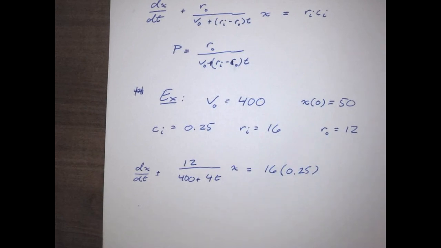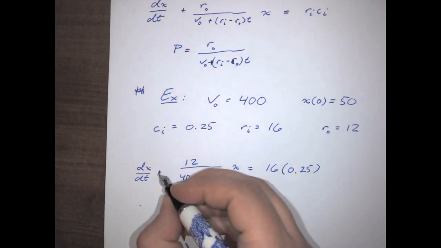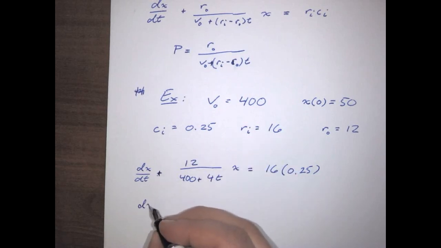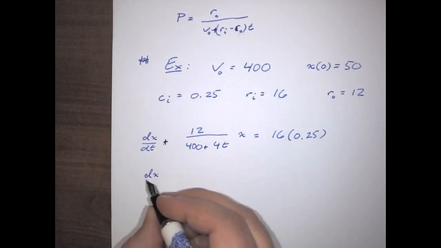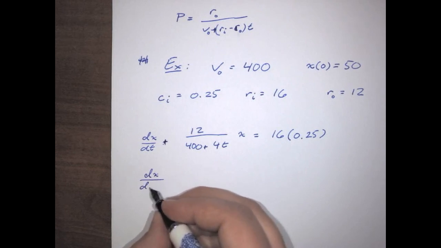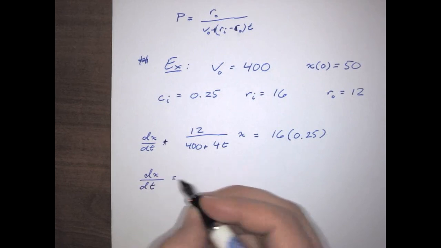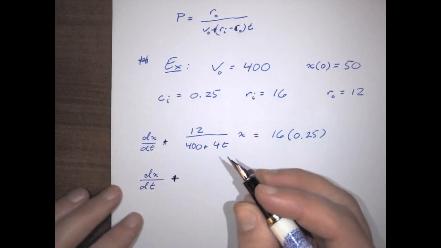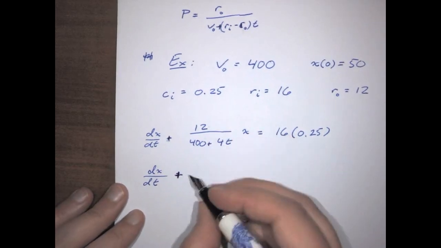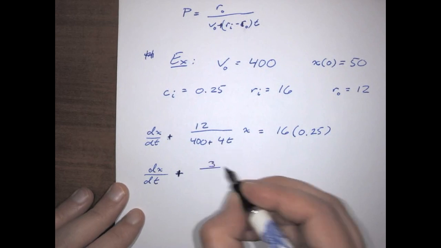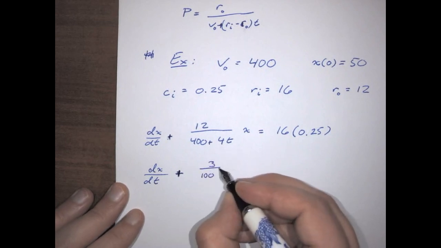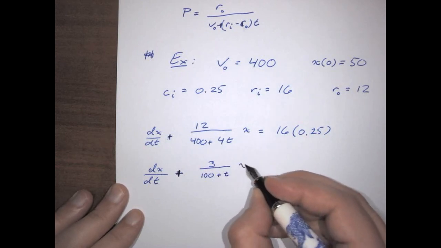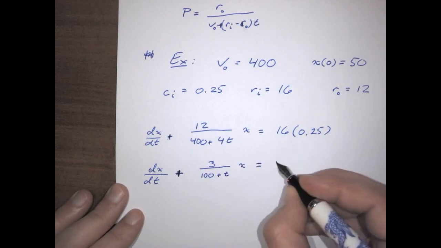And now if I want, I can do a little bit of cleanup here. I've got a common factor of 4 here that I can use for a little bit of cosmetic arrangement. Oops, it's not equals, it's plus. And then I'll divide everything by 4, so that'll give me 3 over 100 plus t, x equals 4.